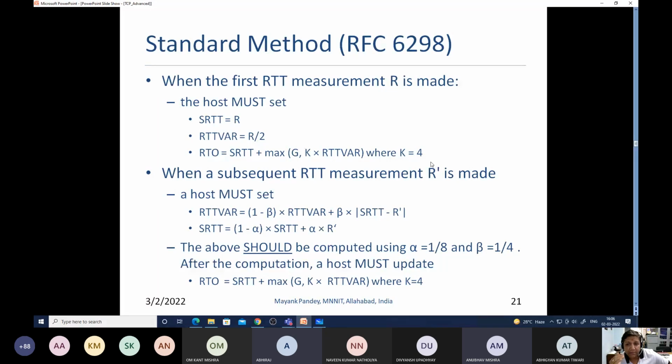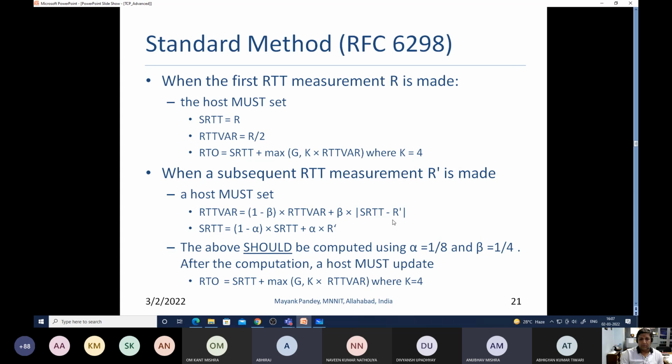When a subsequent RTT measurement R dash is made, we can calculate RTT var also. RTT var of the next round would be 1 minus beta into RTT var of this round, plus beta into the absolute value of SRTT minus R dash, with the previous SRTT.